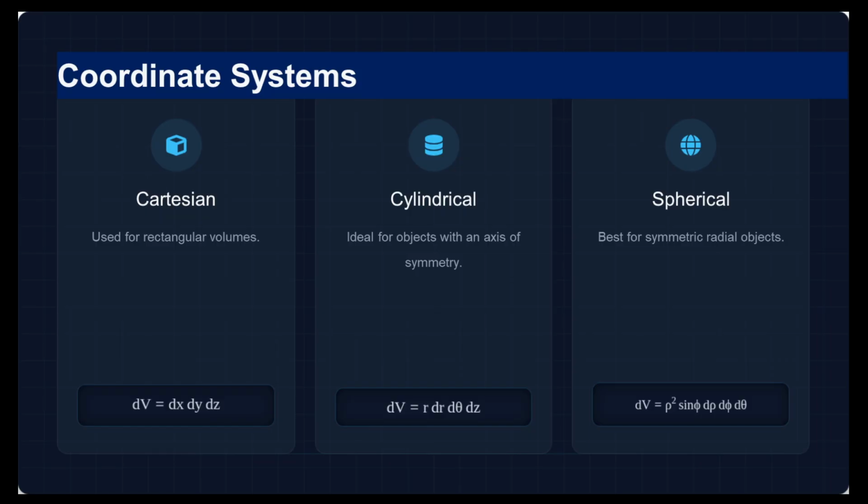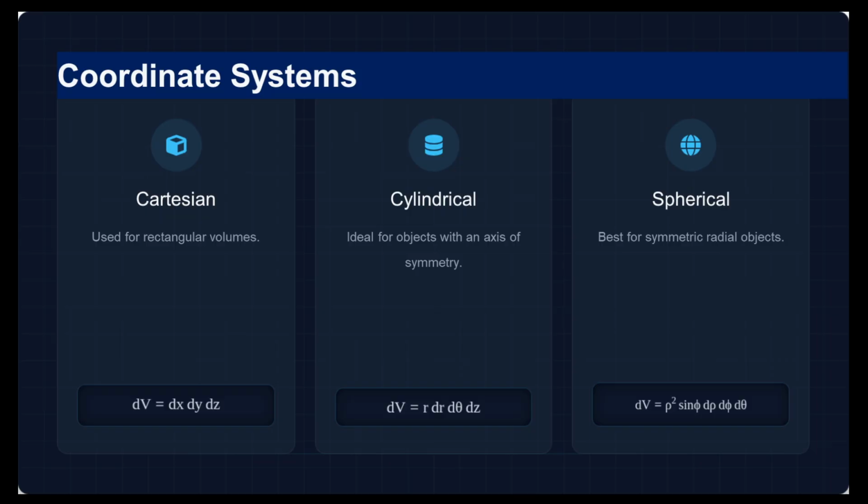Second is the cylindrical coordinate system. This is useful for objects having circular symmetry around an axis, for example cylinders and cones. And third is the spherical coordinate system. This is useful for spherical objects such as spheres and hemispheres. So instead of using difficult equations in Cartesian form, changing coordinates often makes calculations much easier.